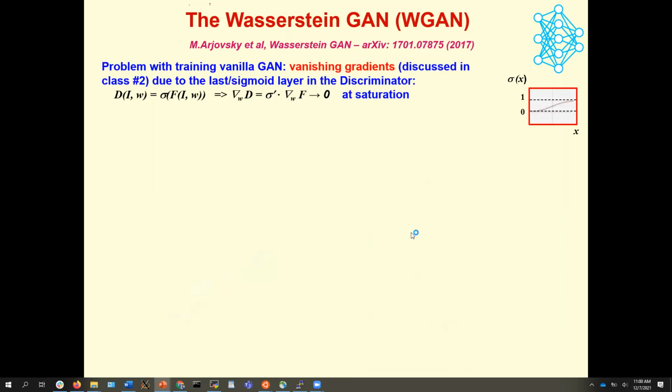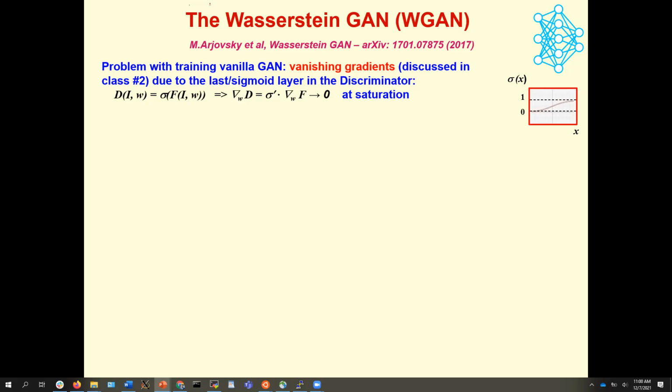In a GAN, the discriminator network may have issues. The issue is called vanishing gradient, when basically the training procedure stops and there is no more training.